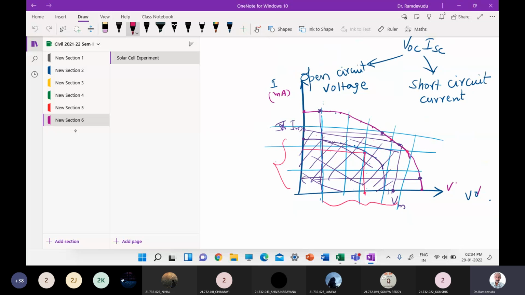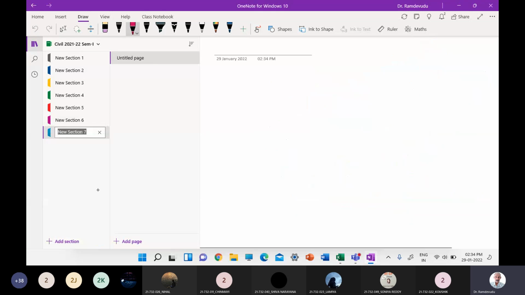We will see some problems from the previous discussion. So we'll see problems here, on Malus Law, etc., and Brewster Law.